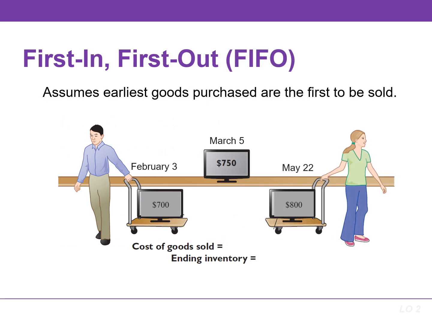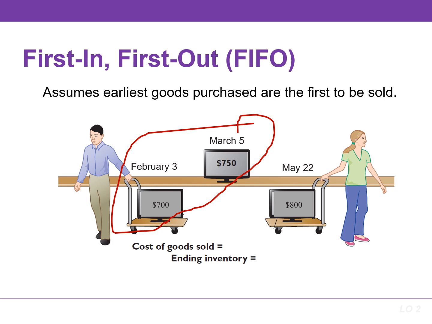The first in, first out FIFO method assumes that the earliest goods purchased, the first ones in, are the first to be sold. So they are the first to be recognized in determining cost of goods sold, regardless of which units were actually sold. In this example, the earliest purchases, the first ones in, are February 3rd and March 5th.